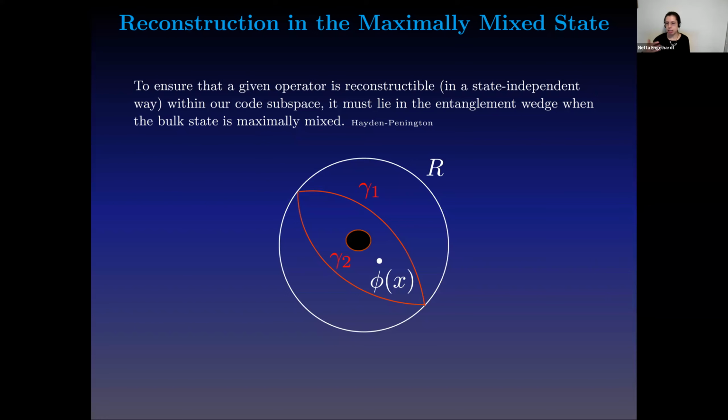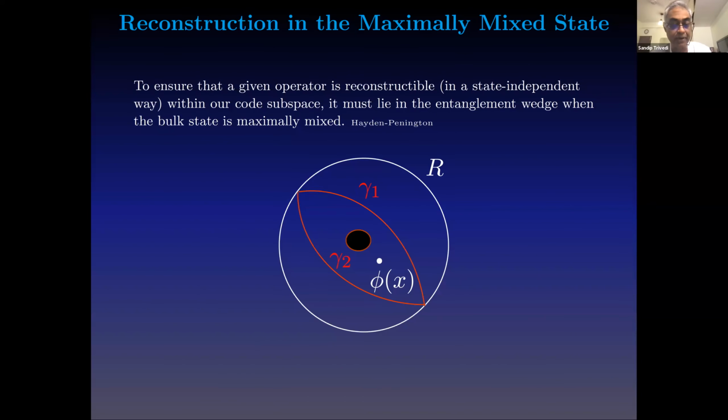So basically, if you want to be sure that no matter which operator you turn on, you can always reconstruct it, you have to be sure that this operator lives in the entanglement wedge within the maximally mixed state in the code subspace. That is what guarantees for you that this operator is reconstructible before and after you turn it on.